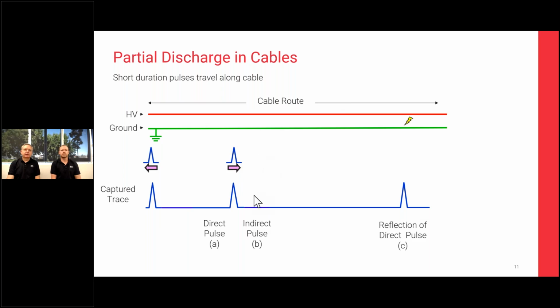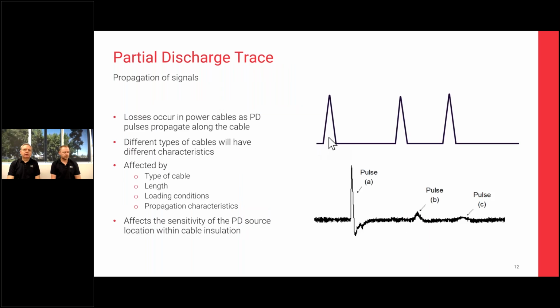The second pulse along is the indirect pulse, the one that starts at the discharge site, bounces to the far end, and then comes back down to our sensing point. And the third pulse we see, if we can see that one, is a reflection: the first pulse going all the way back and then coming back to the end of the cable. So if we can see those three pulses, then that allows us to do quite a few things.